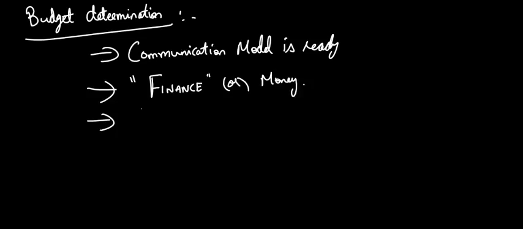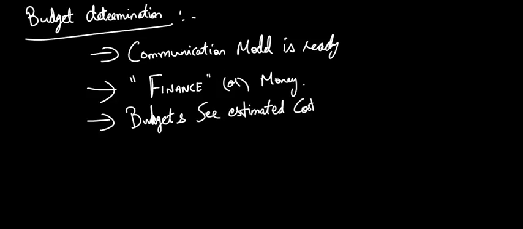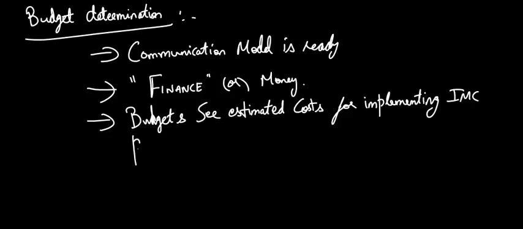So you have to draft a budget and see estimated costs for implementing the IMC program, so that you might know whether you can afford the particular cost or you need to pump in more money to execute this particular program.